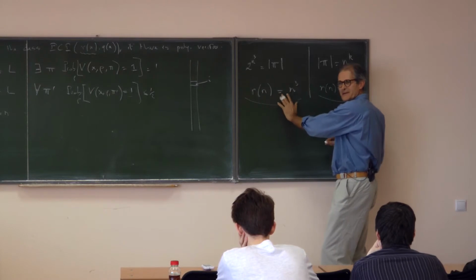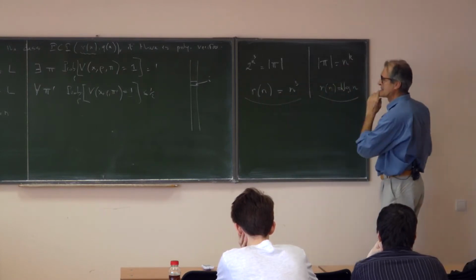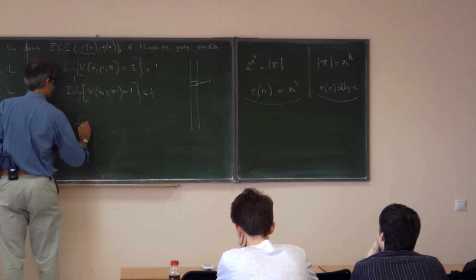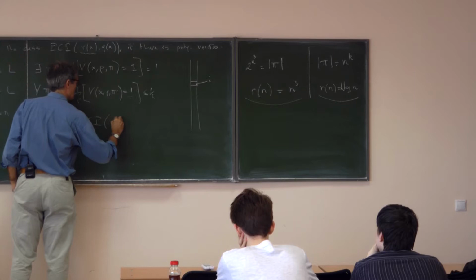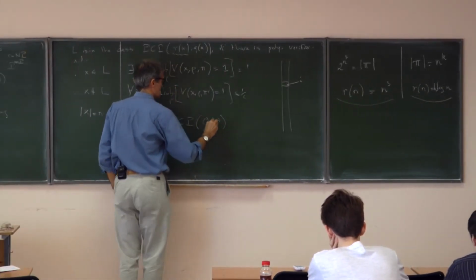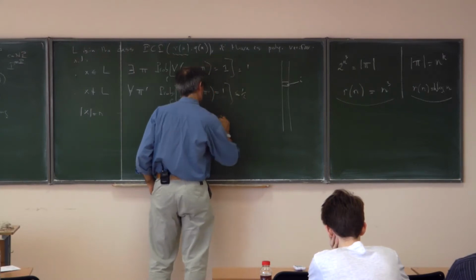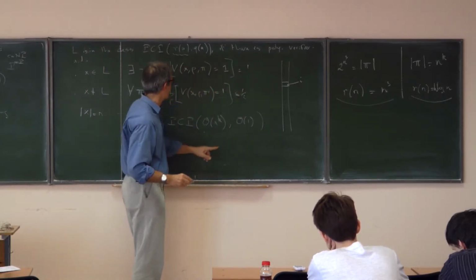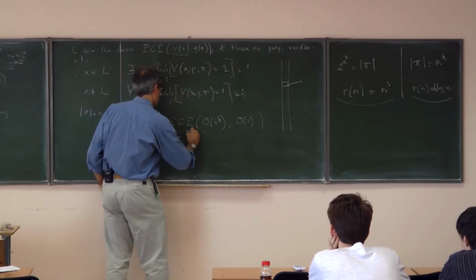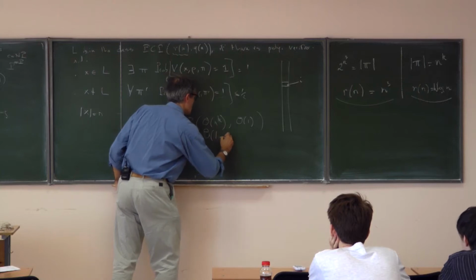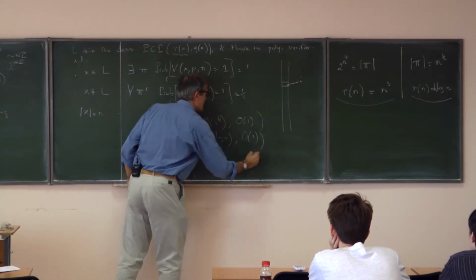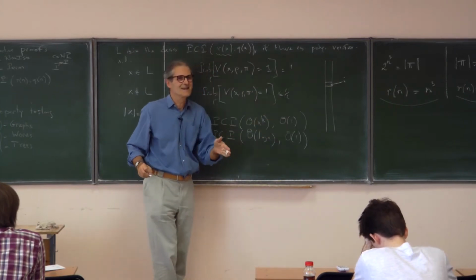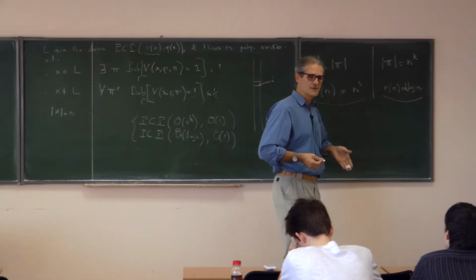This is only interesting for theoretical purposes, but nevertheless let's concentrate on these two classes: PCP of O of, let's say, n cubed, or maybe any polynomial, with Q(n) always constant, versus PCP of O(log n) with constant queries. The really interesting case is when Q(n) is a constant, because constant means you can only sample.